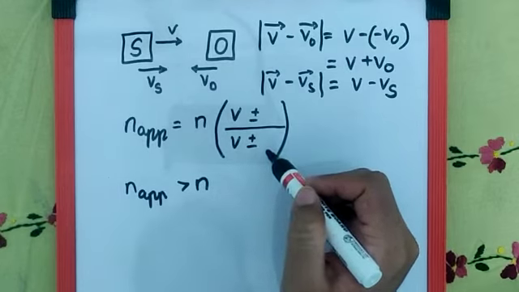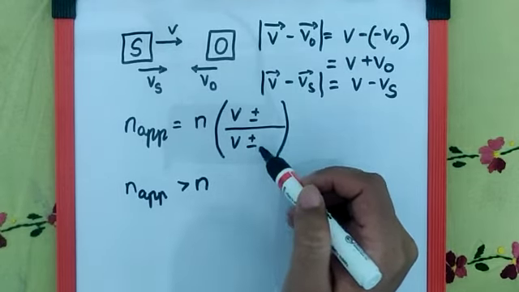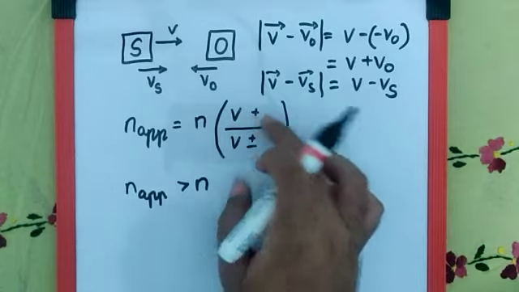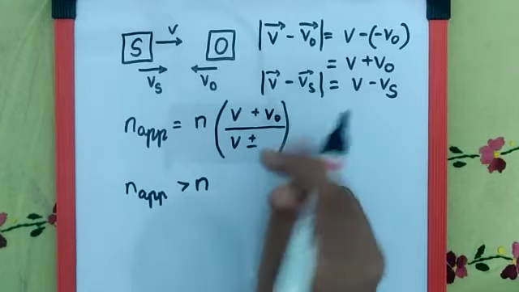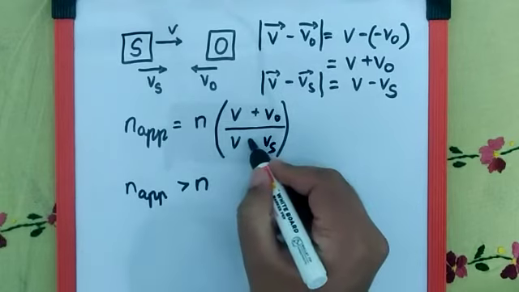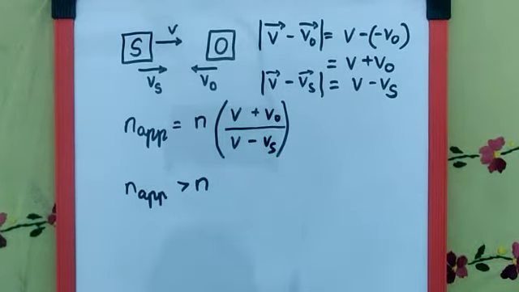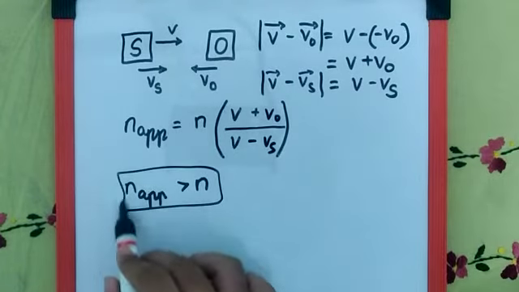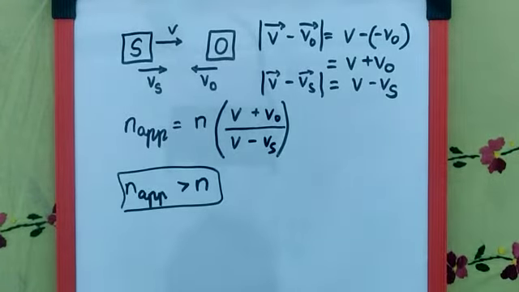Now I hope you understand that this is possible only if I put V plus Vo in the numerator and V minus Vs in the denominator, because if I put it the other way around, the numerator will become less than the denominator, and then this condition will never be satisfied. So basically, when the source and observer are moving towards each other, I can say this is the direct formula.